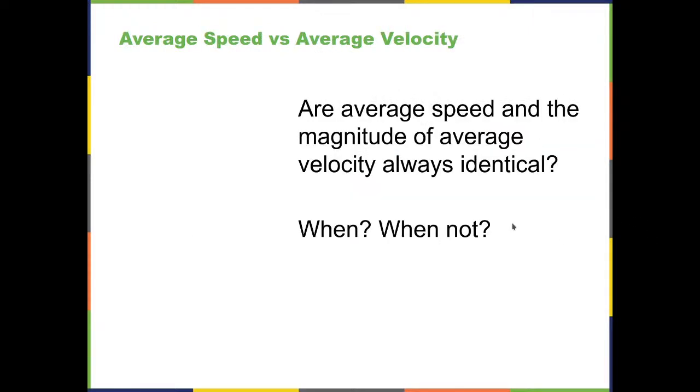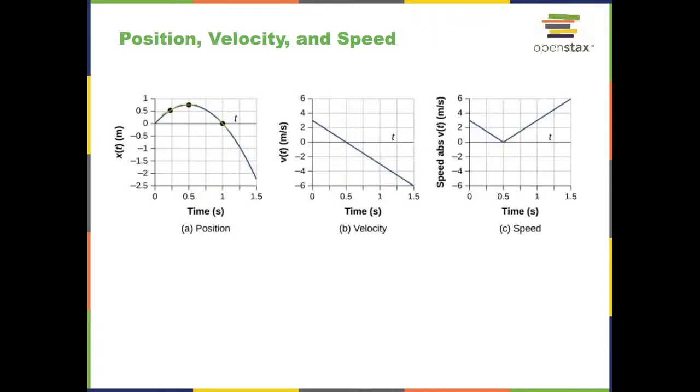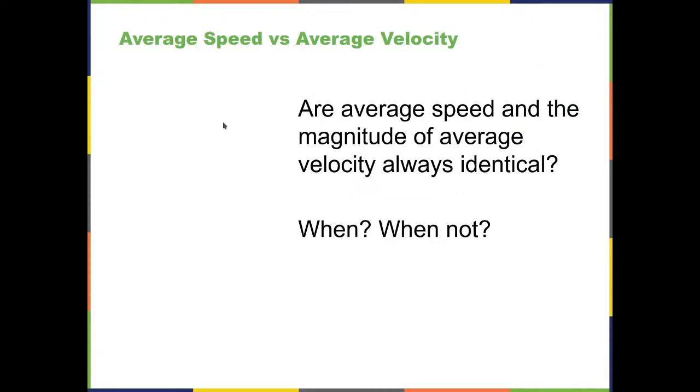So I essentially covered the answer to this question already. Are the average speed and the magnitude of the average velocity always identical? Well, no, they're not. For example, in this case, the average speed will be non-zero and the average velocity between time 0 and time 1 will be 0. So this is not the case.